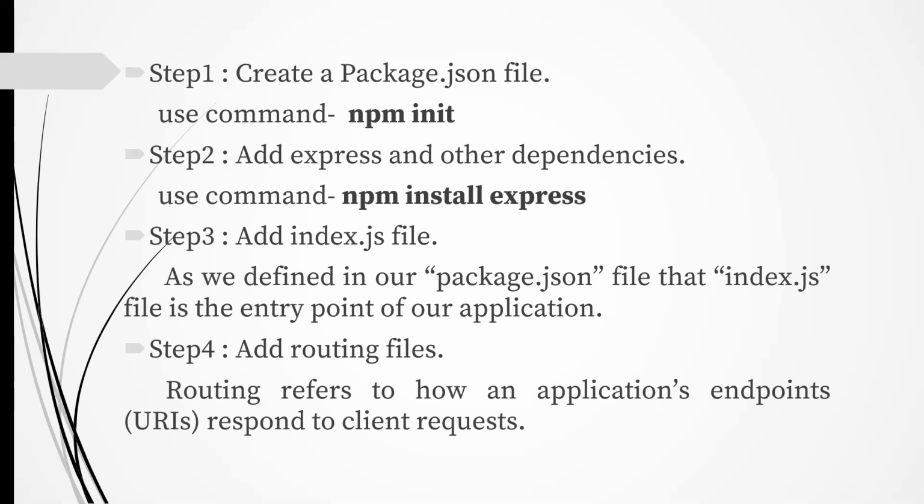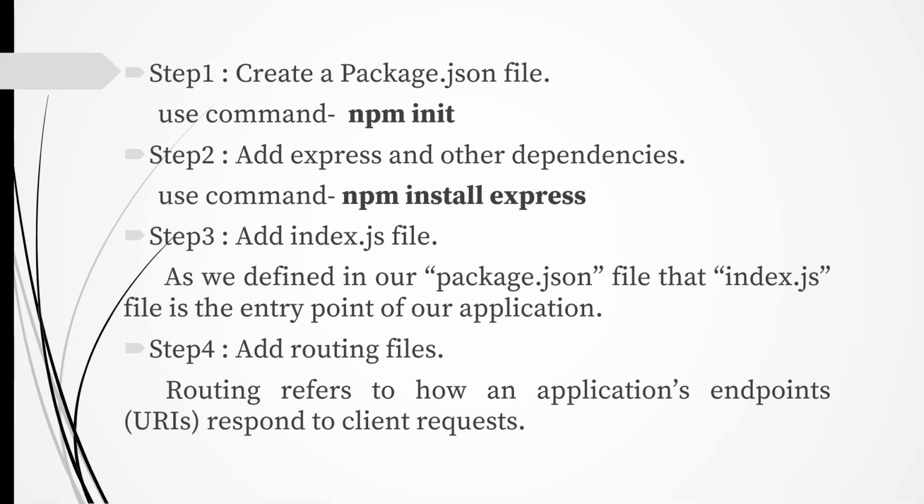The first one is we need to create a package.json file. For that, we need to use the command npm init. After using this command, the package.json file is automatically created in our application. Another is we need to add Express and other dependencies.